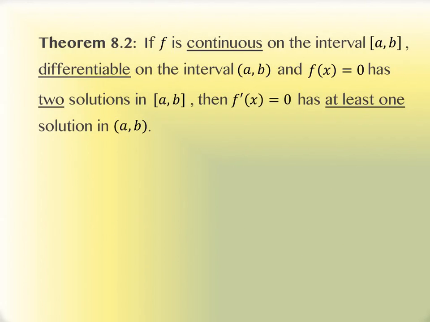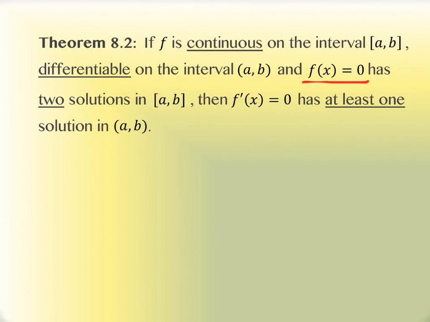All right, let's take a look at another theorem. Theorem 8.2 says the following. If f is continuous on the interval and differentiable on the interval, that sounds a lot like what we've already been working with, right? And f of x equals 0 has two solutions in AB. So this piece right here, f of x equals 0, means that we've got an x-intercept.